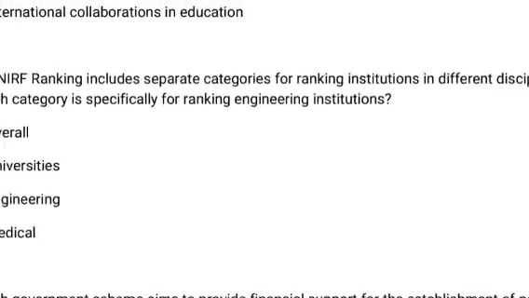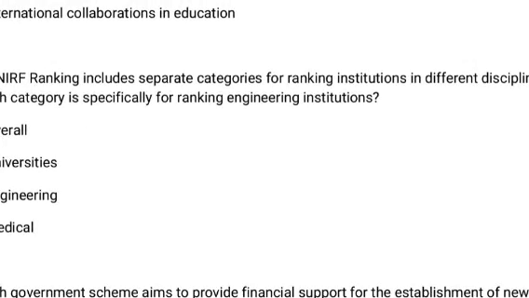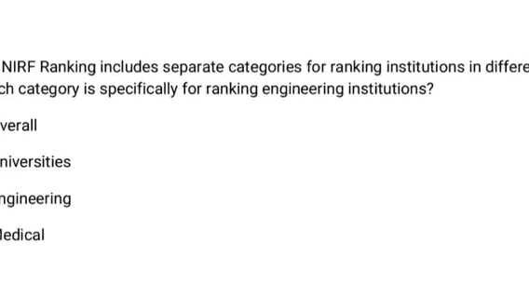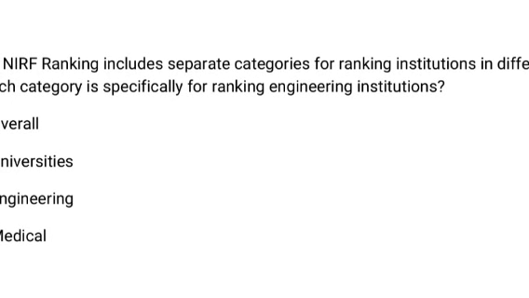Next is the NIRF ranking. It includes separate categories for ranking institutions in different disciplines. Which category is specifically for ranking engineering institutions? Overall, universities, engineering, medical. It will be engineering.